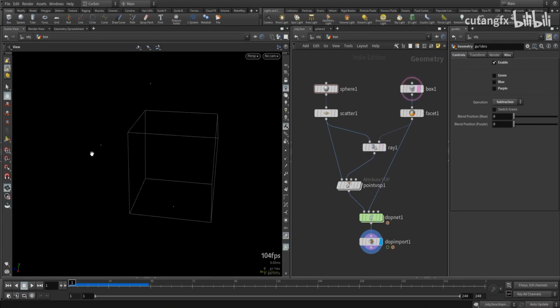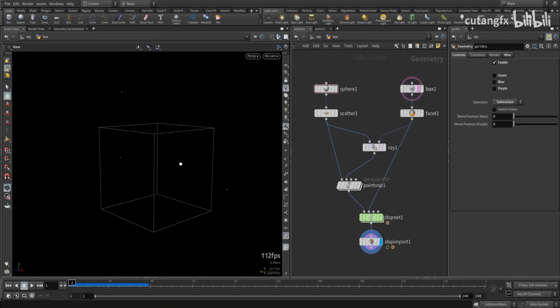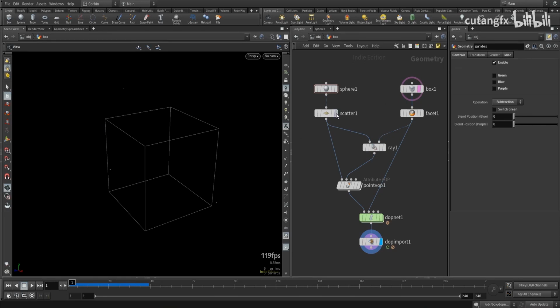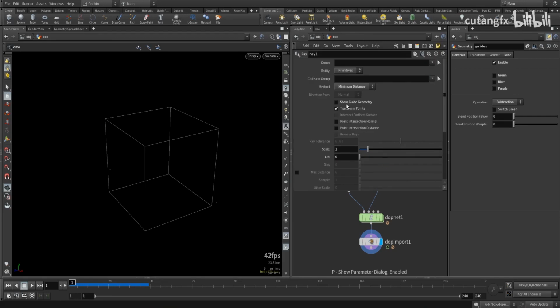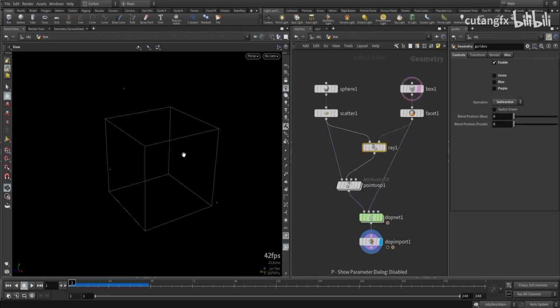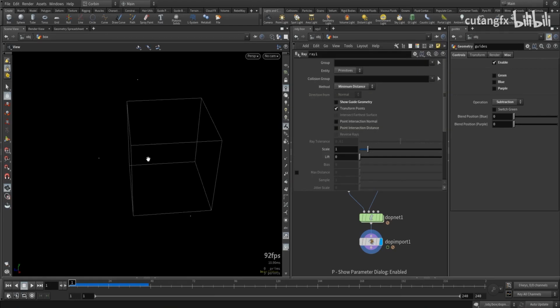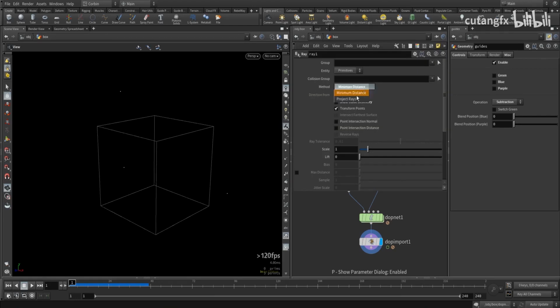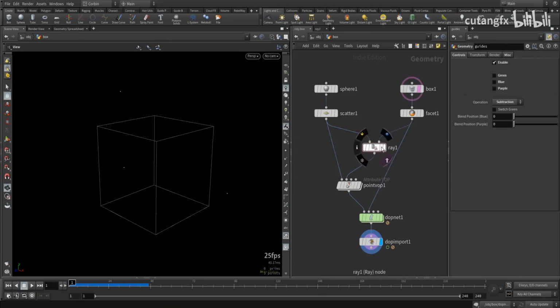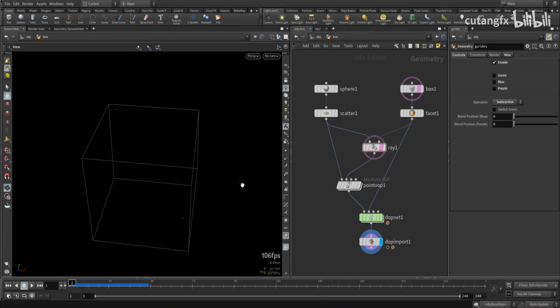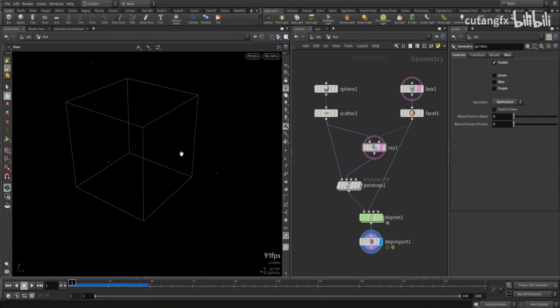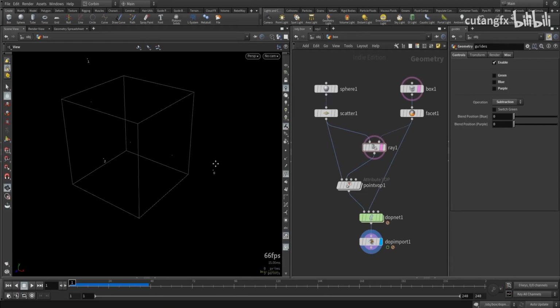So I've got these random points and my box, and what I'm doing is I'm raying. I'm using the raycast node. If you haven't used this before, it's essentially just finding its position on the nearest surface. You can feed it an actual vector, or in this case, I'm just asking it to find the minimum distance. So in other words, the shortest point from where they currently are to the position on the surface.